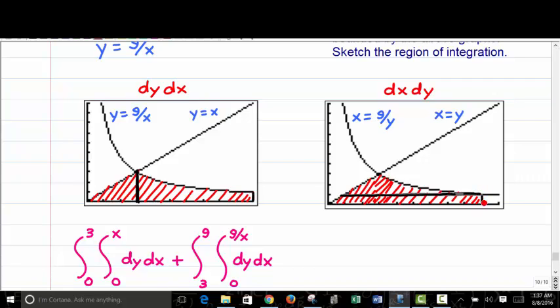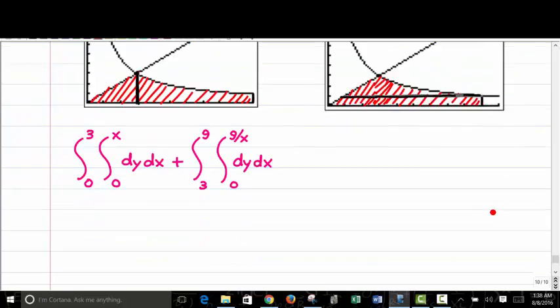When x is 9, y is 1. You can see that easily, right? Y equals 9 over x, so it's 9 over 9, which is 1. So you have the same function on the left, which is the line, but you technically have two right functions. One of them is that short little vertical line right there at 9, and the other right function is that curve. So here's what this one would look like.